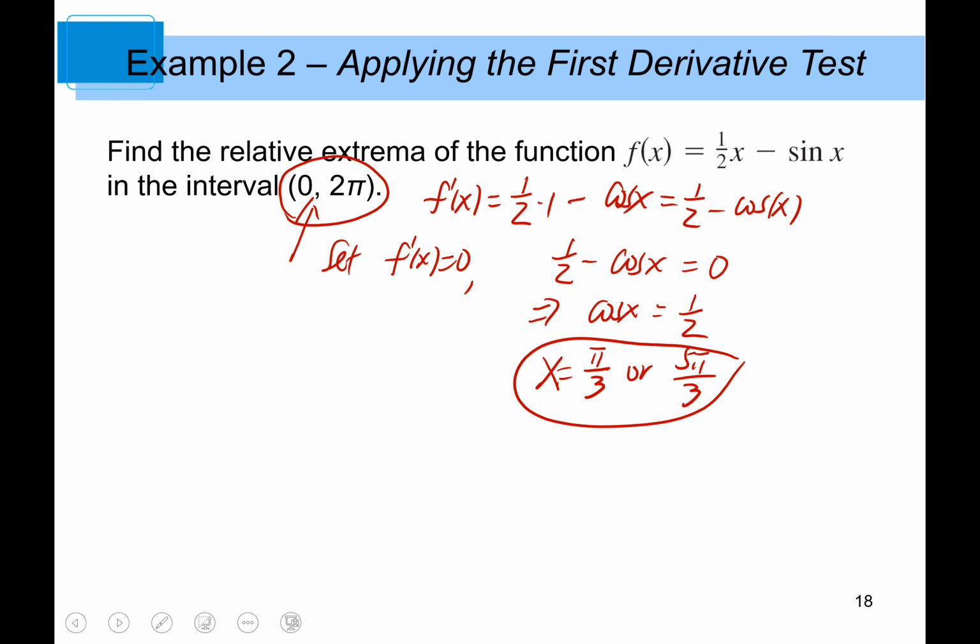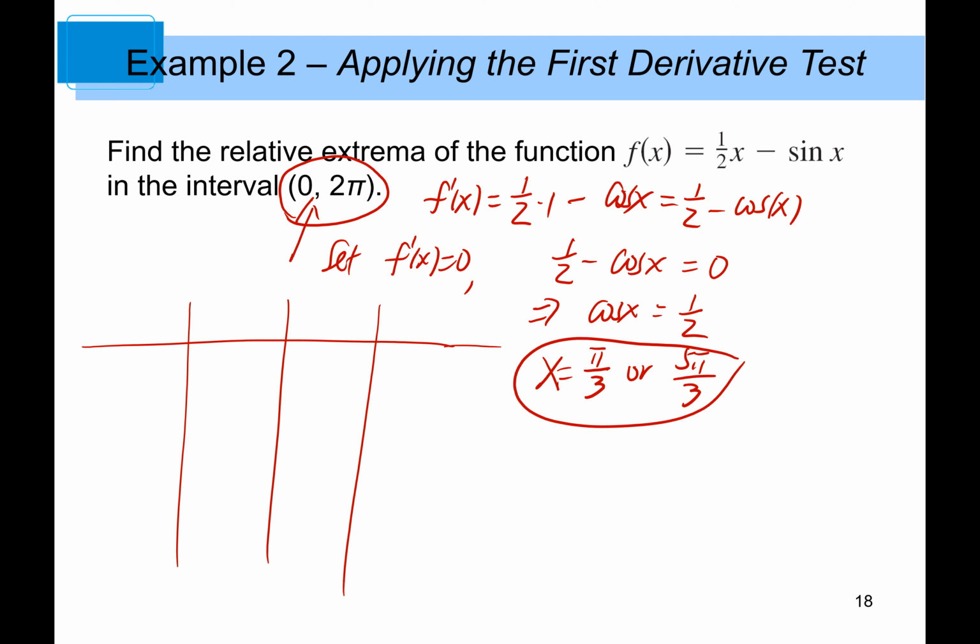Now next step, we just got to create a table, right? And perform a test. So now test intervals. The domain starts with 0 to pi over 3. Second interval is from pi over 3 to 5 pi over 3. Third interval is from 5 pi over 3 to 2 pi.